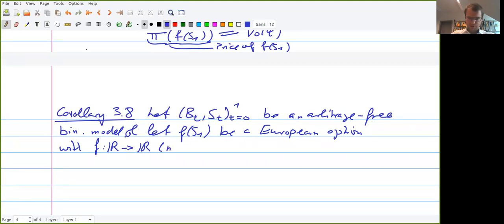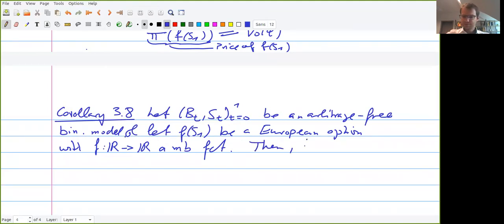Of course, this has to be a measurable function.